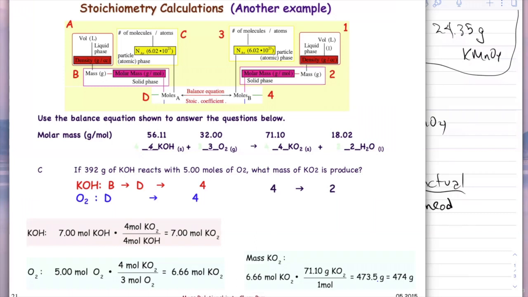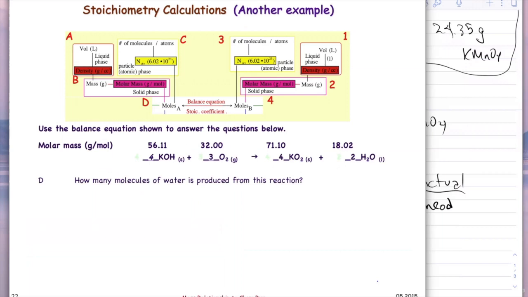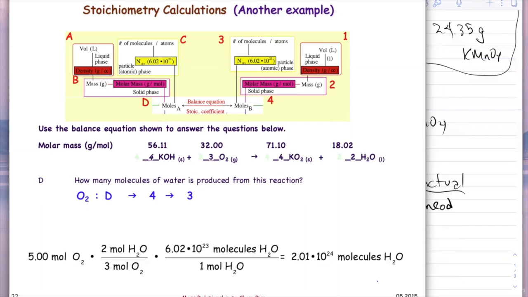Let's move on. How many molecules of water are produced? Now we know the limiting reagent is oxygen. We're going to use oxygen to figure out the moles of KO2. Then we're going to use the moles of KO2 to get the moles of water.